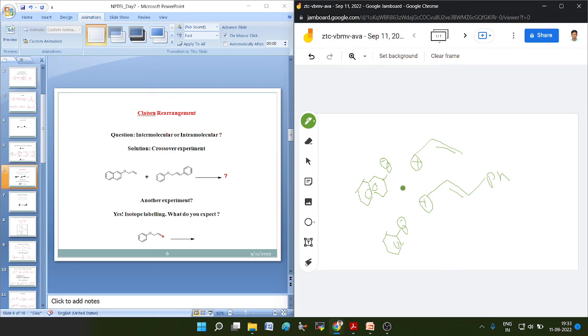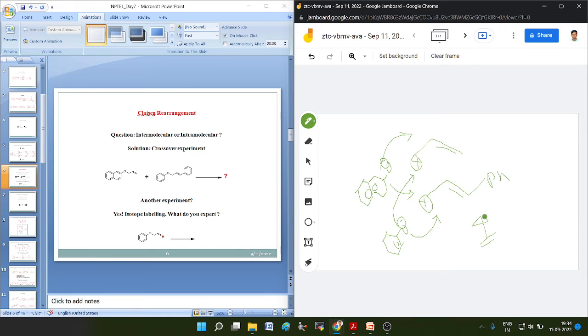So these two are there. If it follows this mechanism, then this can combine with this carbocation, and this can combine with this carbocation, so it will give two products. Similarly, the other can combine with each. So overall we would expect four products if it really follows this mechanism. If it is an intermolecular reaction like this, we would expect four products.